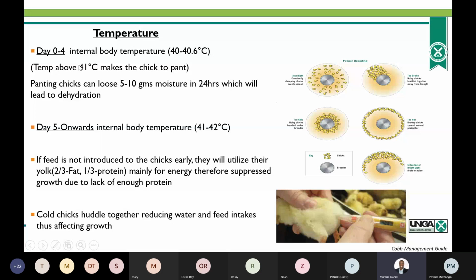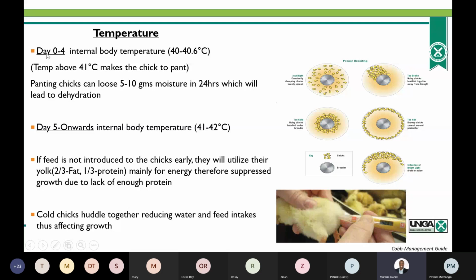So after day 5 onwards, the internal body temperature of that chick rises between 41 to 42 degrees. So in the first 4 days after the chick has been hatched, if the temperature goes beyond 46, that is called heat stress.